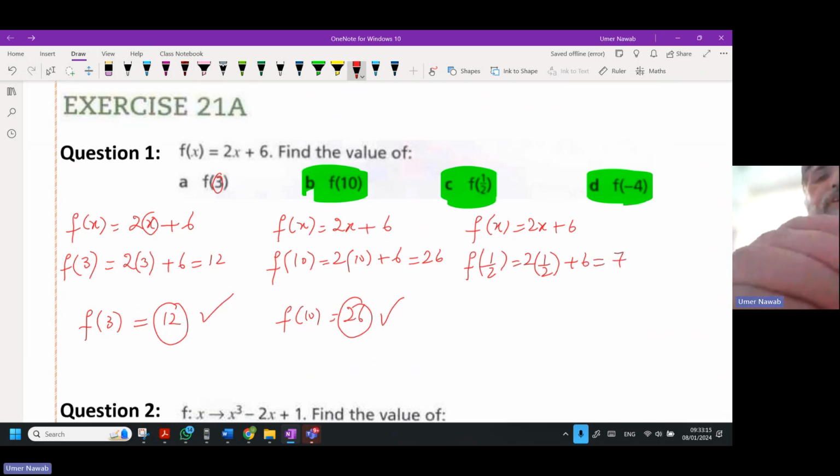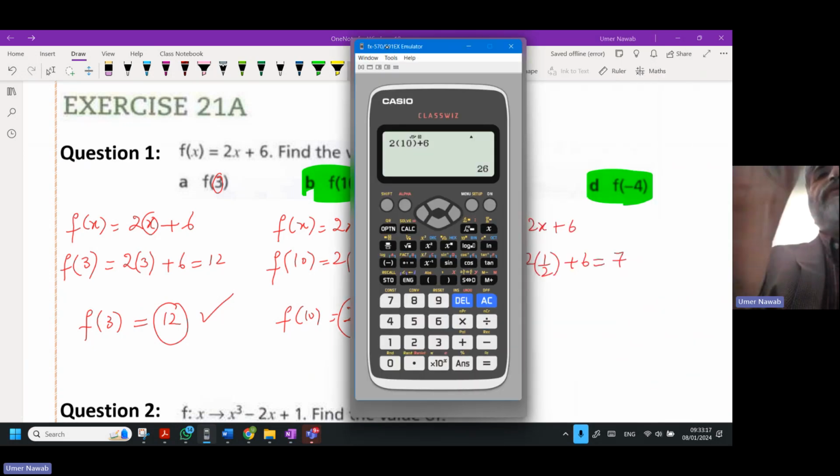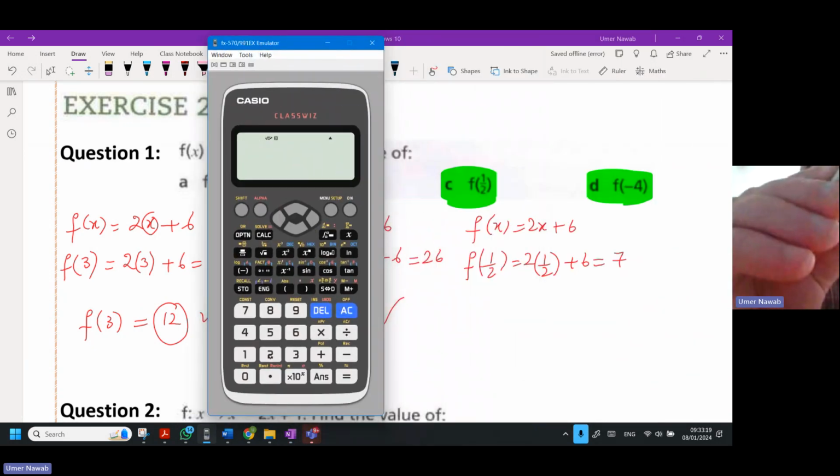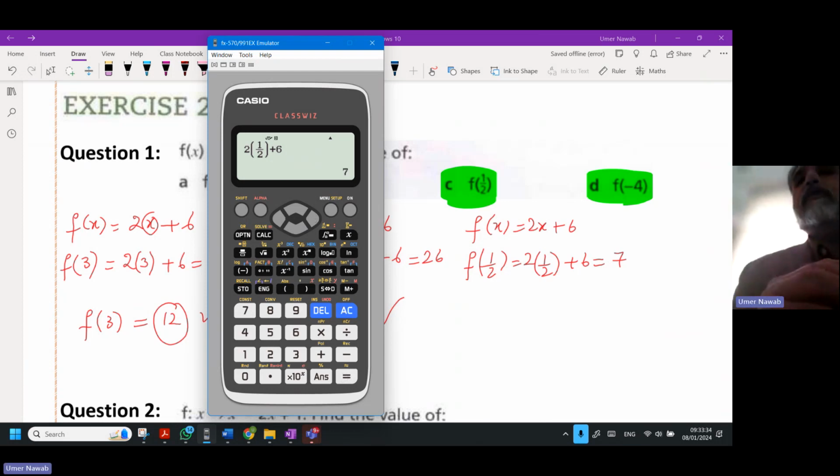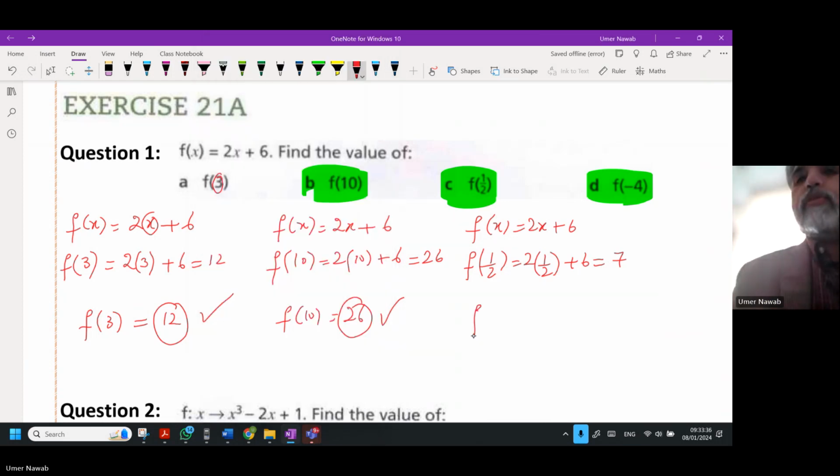This gives me 7, and I'll do this in front of you with the calculator. 2 bracket open close plus 6, and in the brackets I need to write my input, and in this case my input is half. Agreed? Get your answer. It is equal to 7. 7 is my output. So input was half and output is 7.